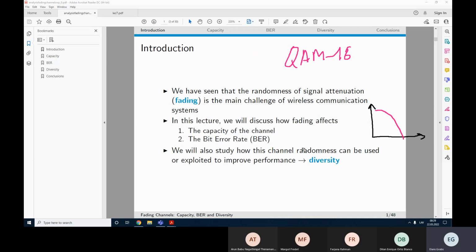In our practical exercise, however, we were plotting symbol error rate rather than bit error rate. Here, we are talking more about specific bit error rate.